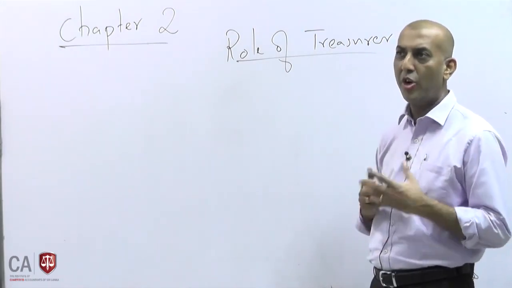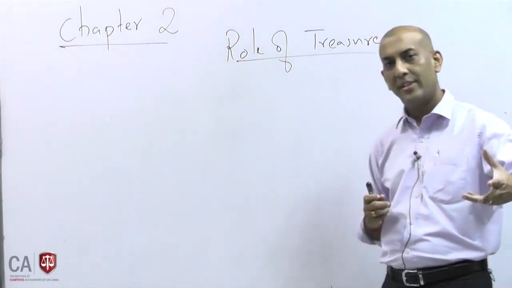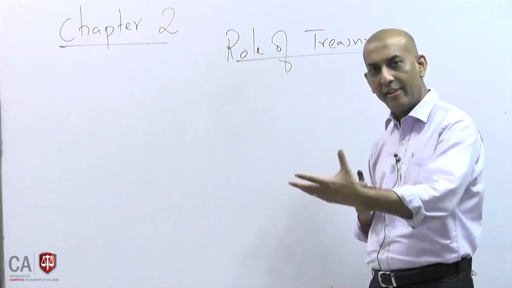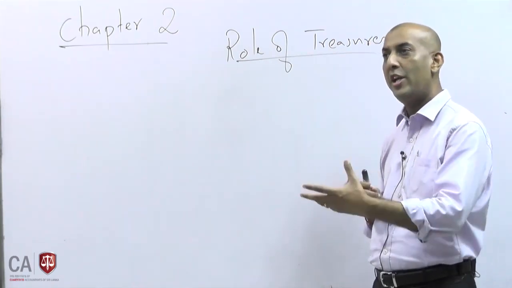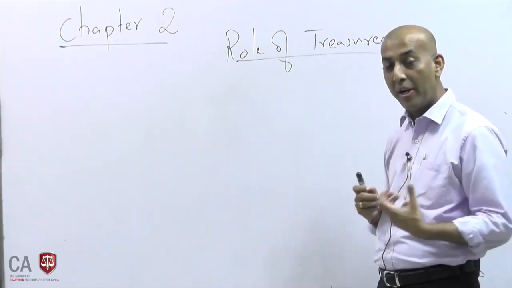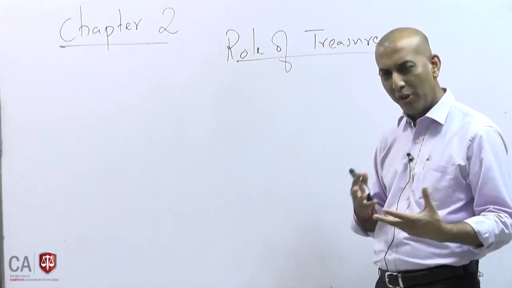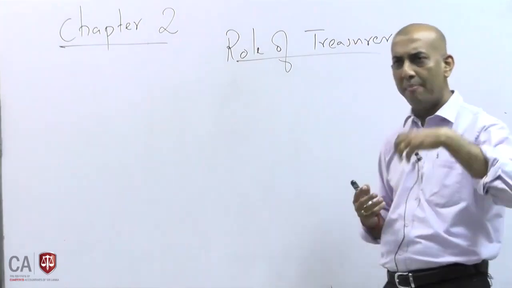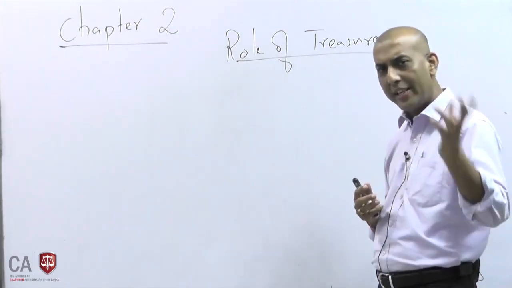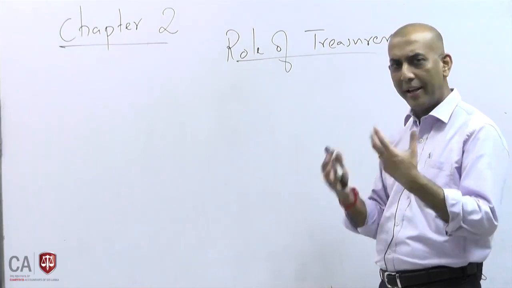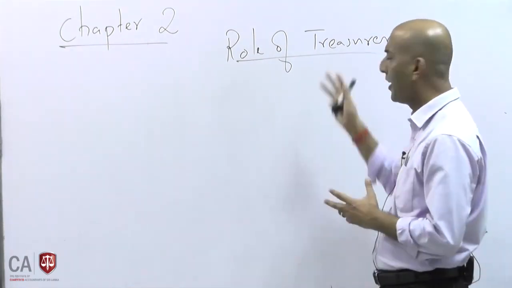Most of the time what you are doing here, you invest your excess monies. Similarly, you borrow money when there is a need for money, and you manage that money. Basically you are managing the funds: investing, borrowing and managing. This is basically the treasurer's main role.